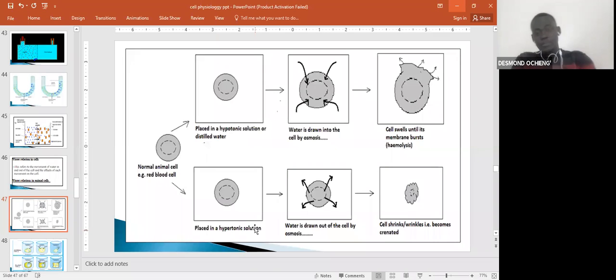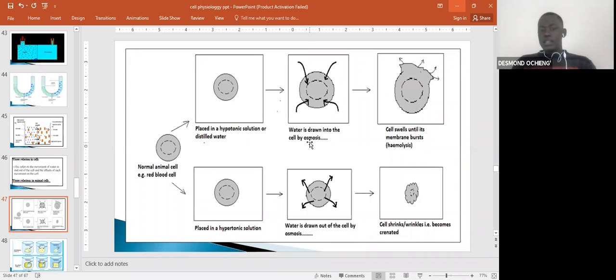Now we'll start by looking at what will happen to an animal cell when it is placed in a hypotonic solution or in distilled water. So look at this. When an animal cell is placed in a hypotonic solution or distilled water, water will be drawn into the cell by osmosis.